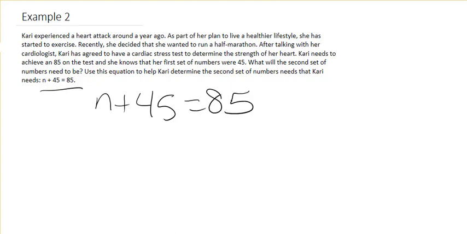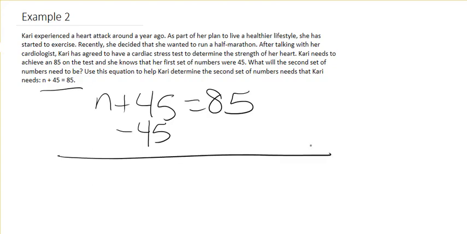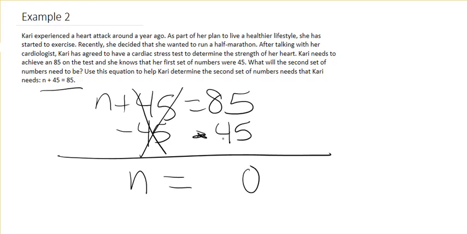So here we go with minus 45 on the left hand side, and we're going to do the same on the right hand side. 45 minus 45 is 0, so we can just cross that out as we're left with just n. Now 85 minus 45: 5 minus 5 is 0, 8 minus 4 is 4. So we know that Carrie needs the second number to be 40.